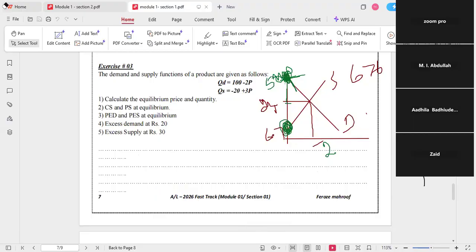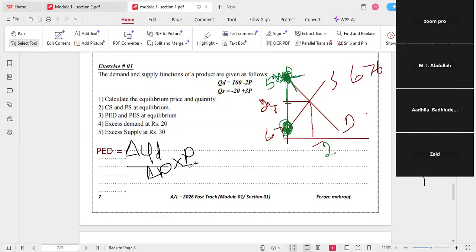So PED and PES at equilibrium. Let's see PED at equilibrium. Remember well: in the equation method, PED calculation can come for the equilibrium or for another point, no problem. However it comes, we always use delta QD over delta P into P over QD.